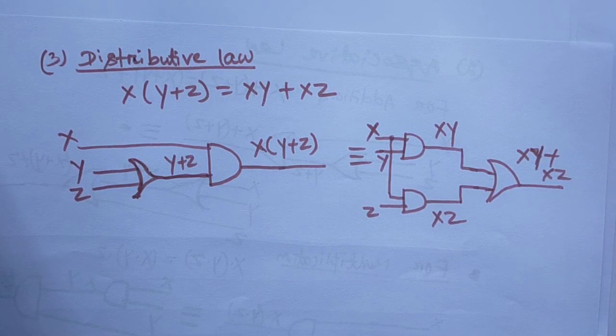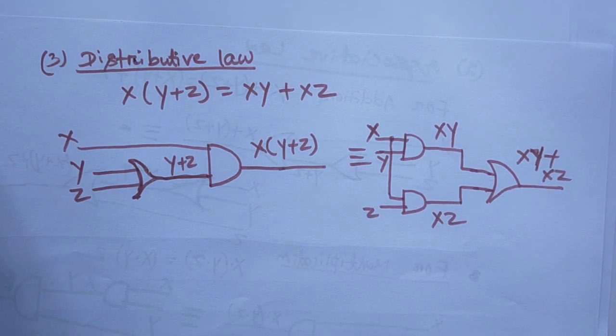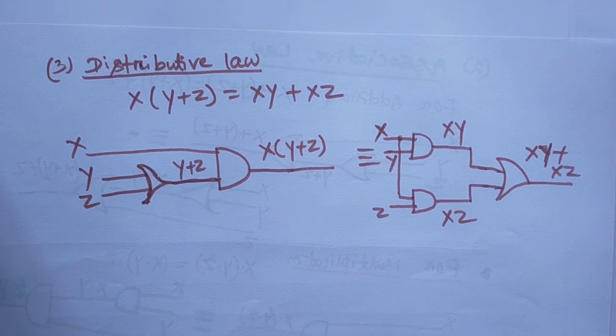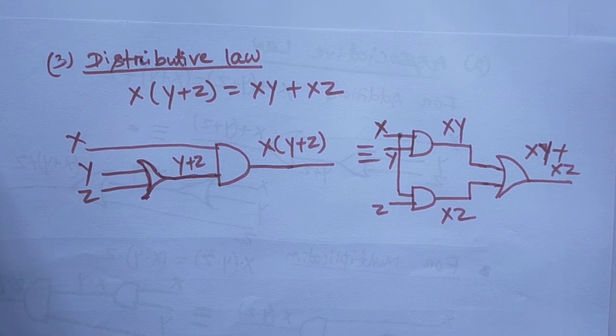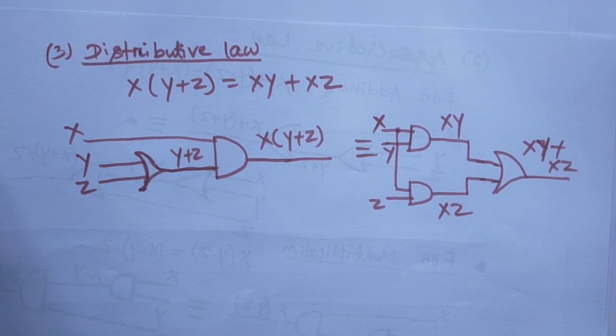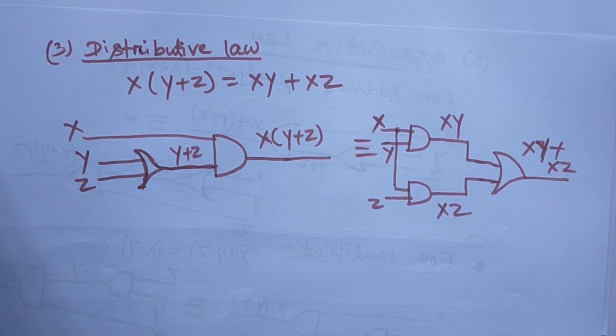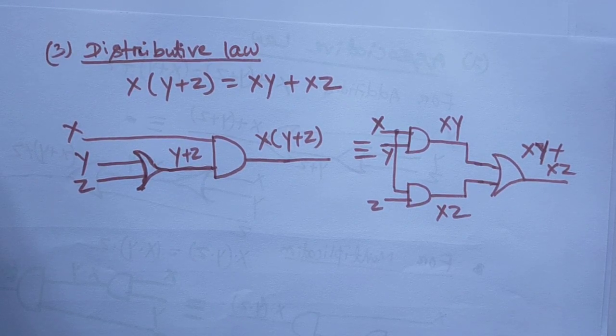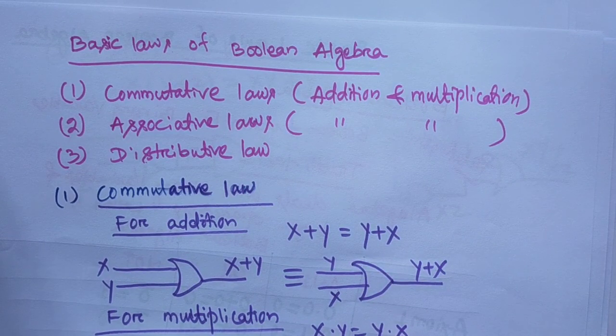We know the rules of Boolean algebra, but here we showed how those rules are defined through logic gates. That is the important part of Boolean algebra. We can also analyze theoretically, but logic gates are used to prove that our law is true.